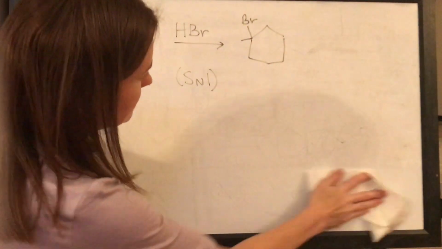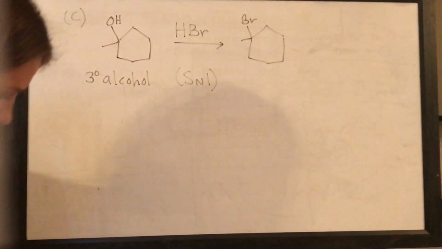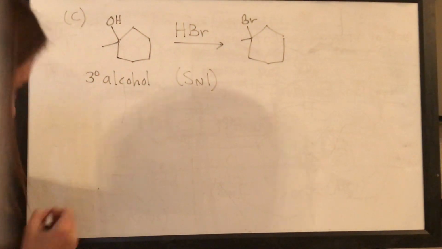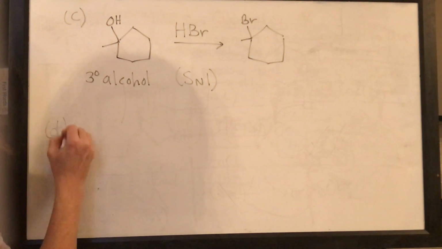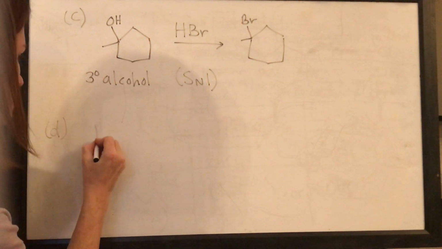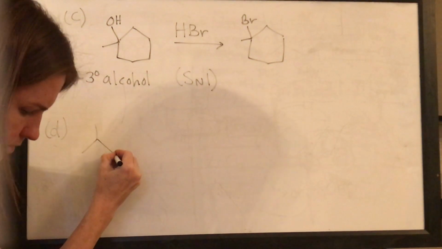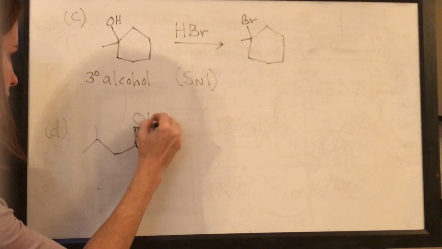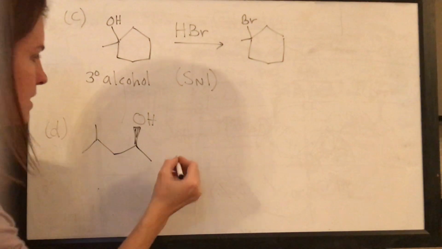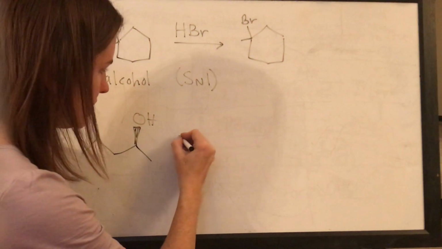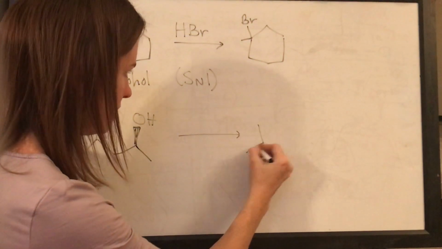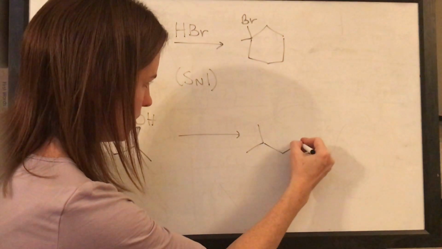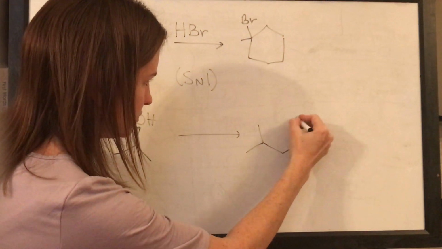And then in D, this is not meant to be a typo. We have something funny happening with the stereochemistry here. We have a wedge with our OH at that chirality center, and we want to turn this into a chloride, but we want it to remain a wedge.